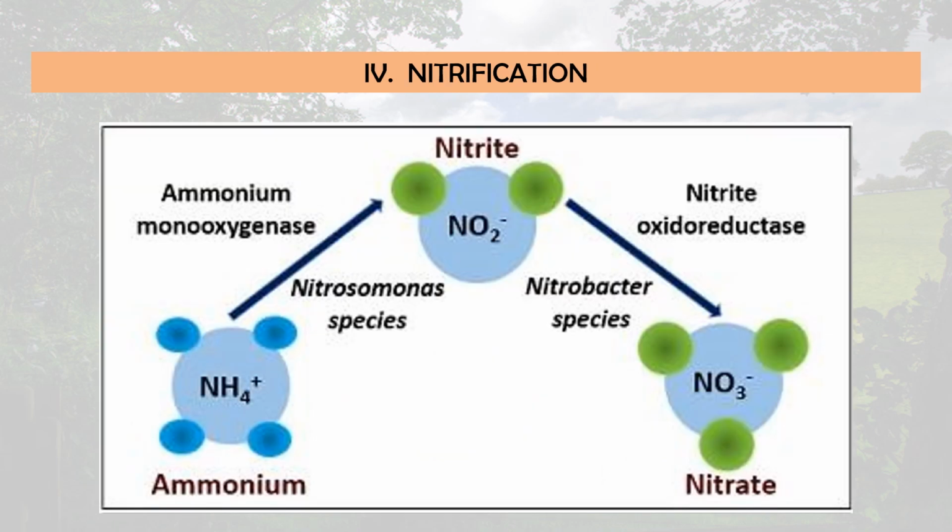Next process is nitrification. Classically, this process refers to the oxidation of ammonia into nitrate via nitrite. The bacteria that carry out this process are called nitrifying bacteria, and they are aerobic and chemoautotrophic.